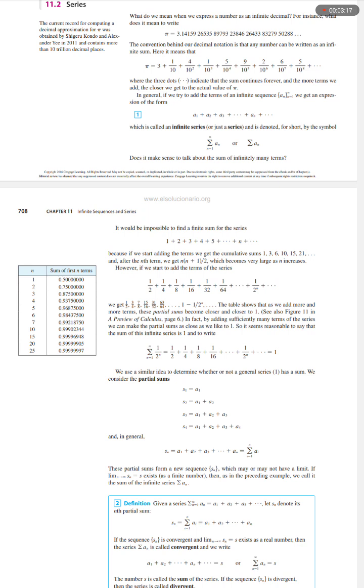And after the nth term, we get n(n+1)/2, which becomes very large as n increases.